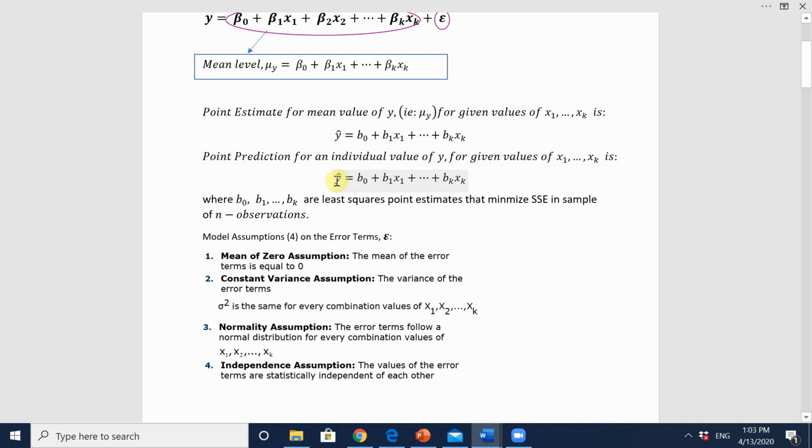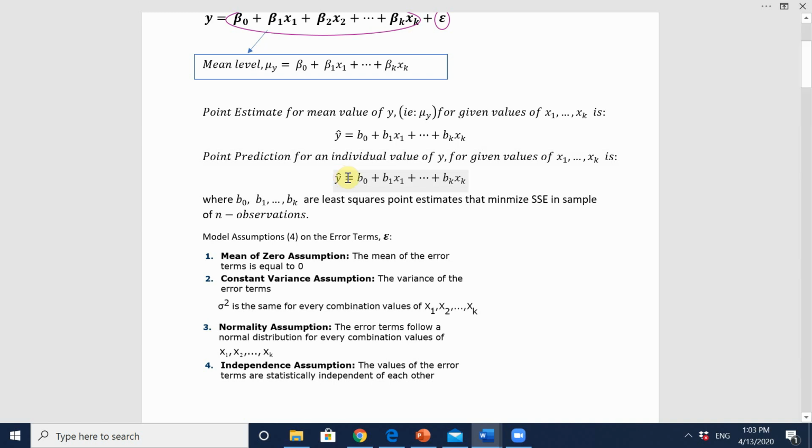And let me explain to you a little bit more on the point prediction why that is the case. So over here, we have that the error term will sometimes be as a result of the y hat value being greater than, say, the observed value of y for a given set of x1 to xk values, right?